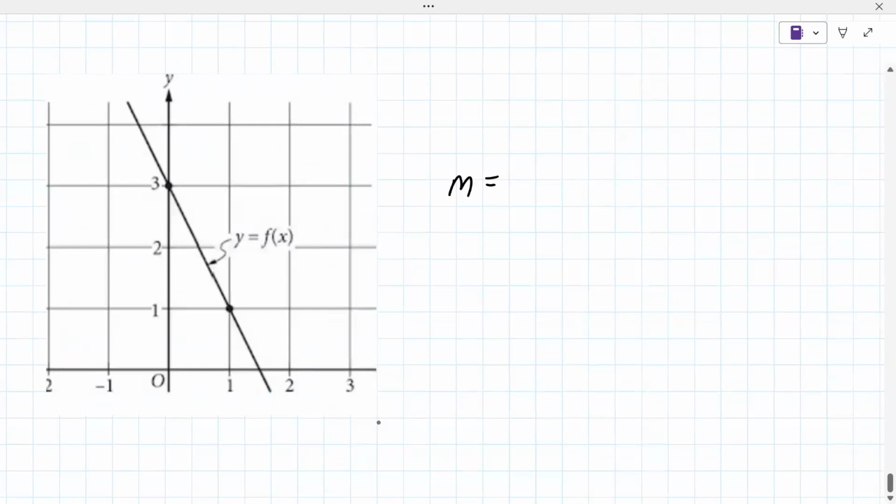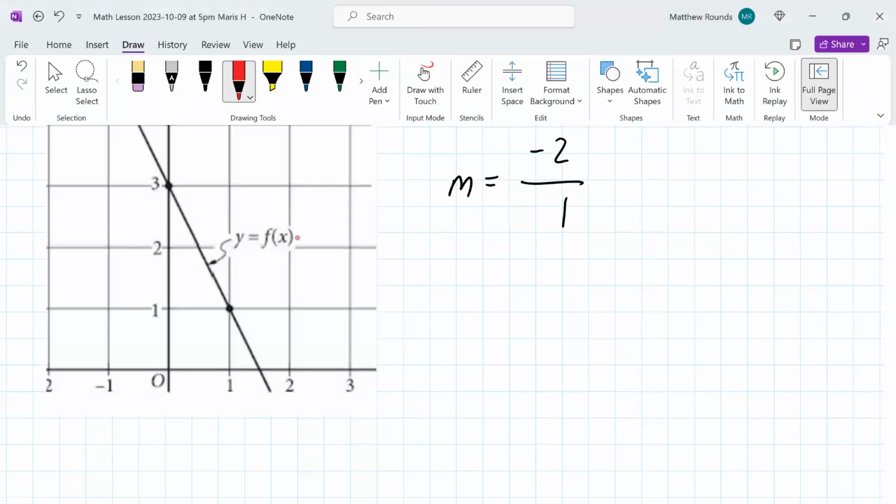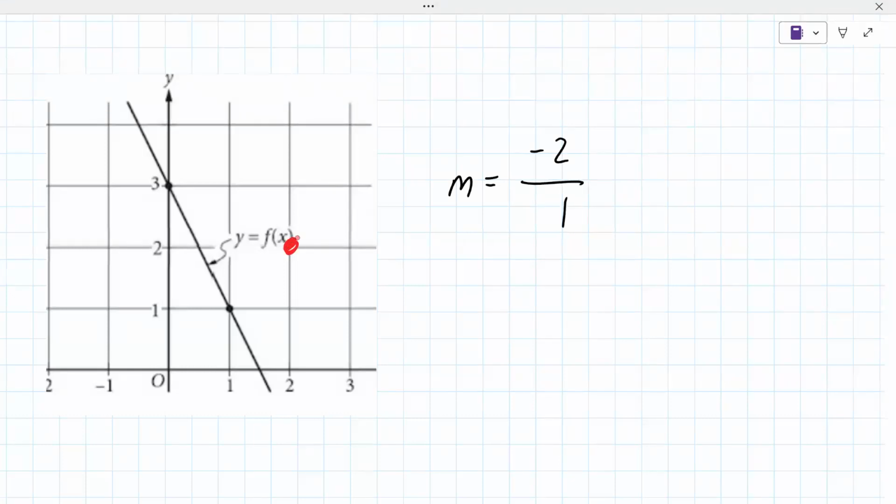Negative 2/1. Good. All right. Now, let's say there's a parallel line that goes through this point right here.